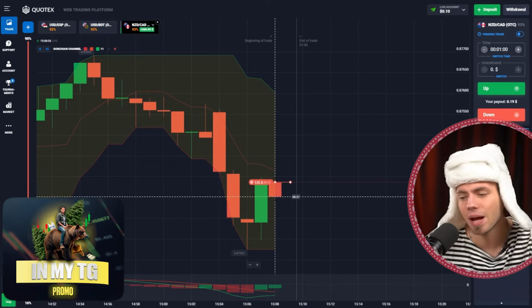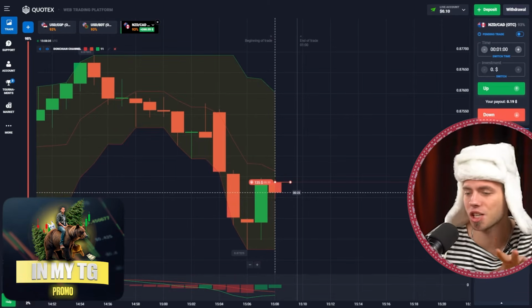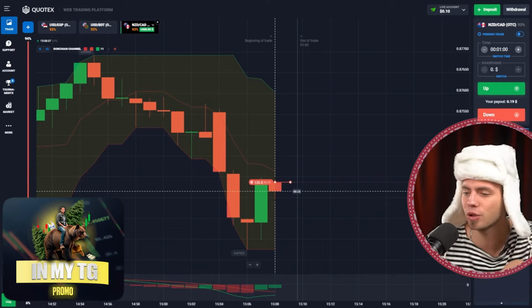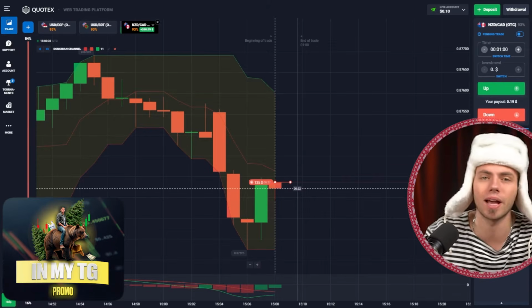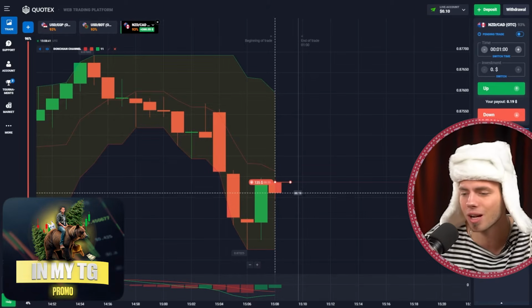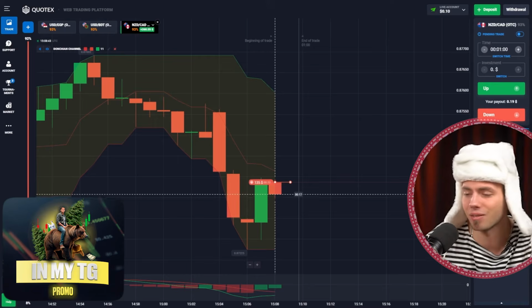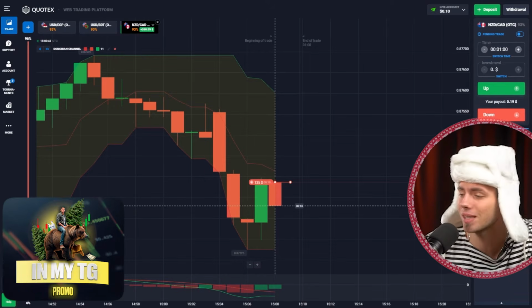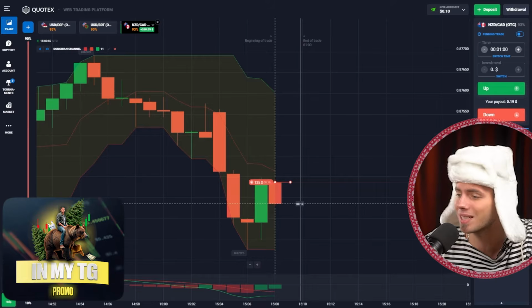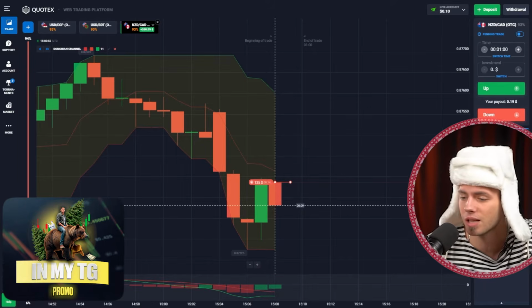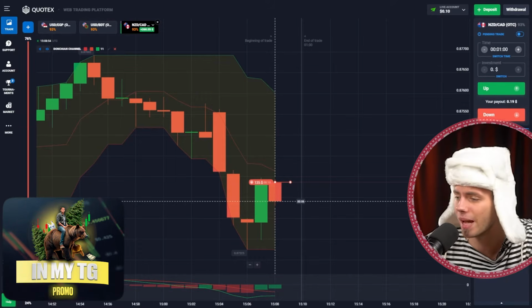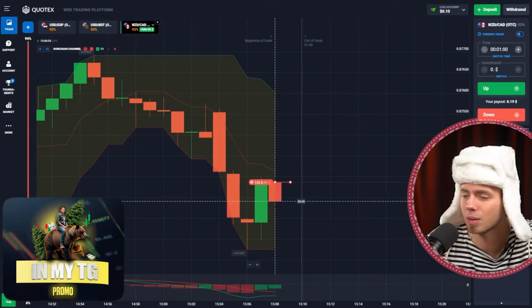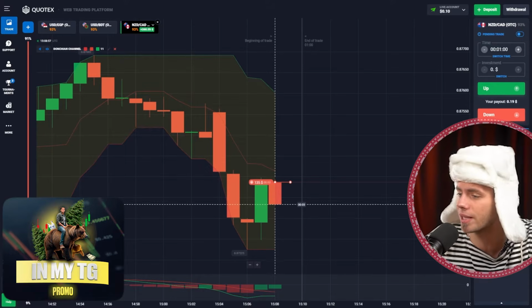As you can see, a pretty similar situation, because here we also have this middle line of the channel, which is a very strong resistance level for us at the moment, and we had not enough power to break through it. That's why right now we will see the trend going down and the option going down. So yeah, that's basically what is happening right now over here.